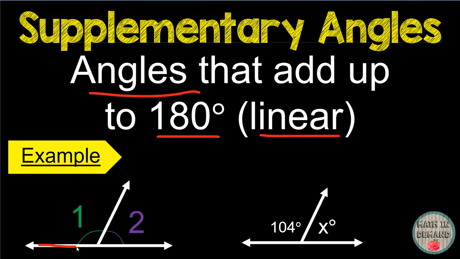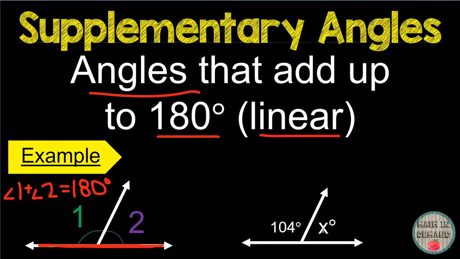They both form a straight line, which is again called linear. So I can write an equation. My equation would be angle 1 plus angle 2 equals 180 degrees. I'm going to apply that to this problem right here.